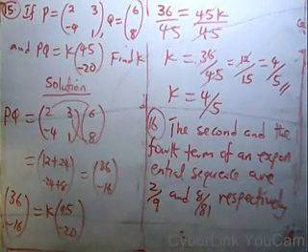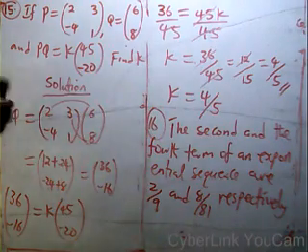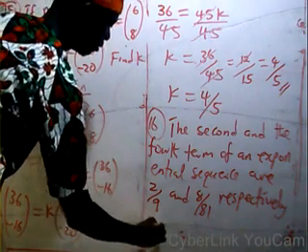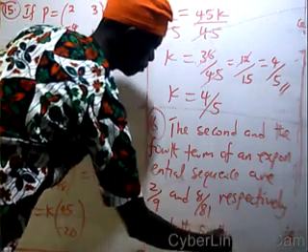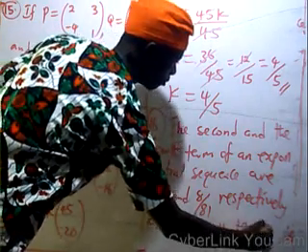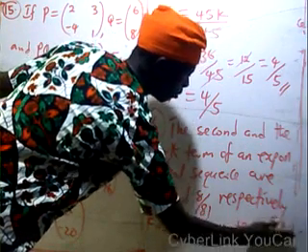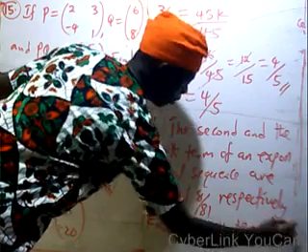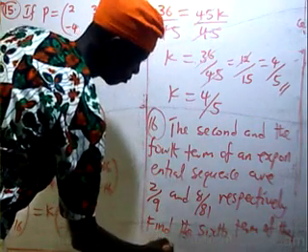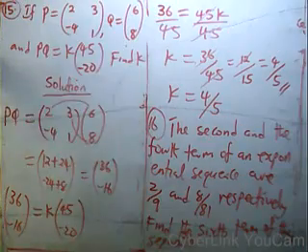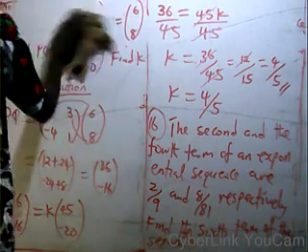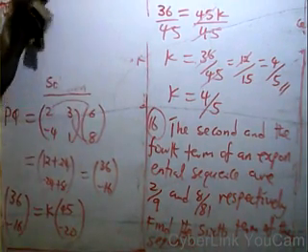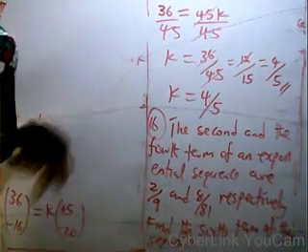Then we have to find the sixth term of the sequence. So we want to find the sixth term of the sequence. That is a geometric progression.